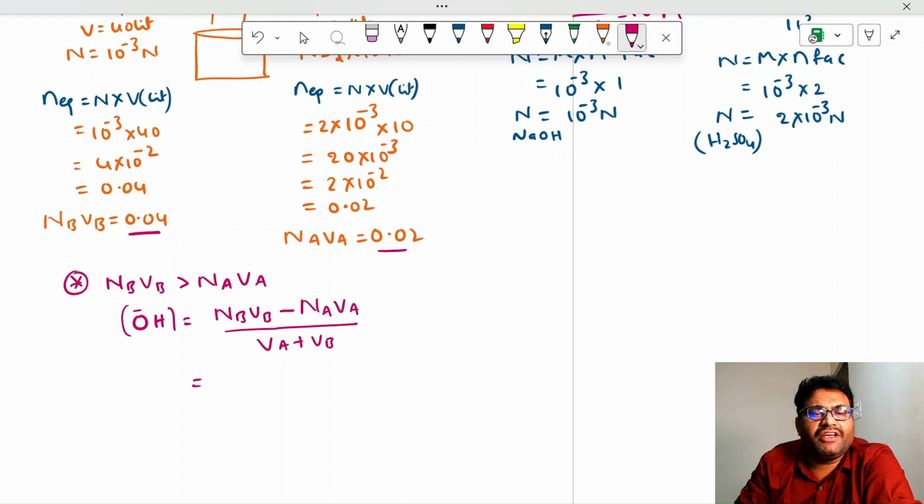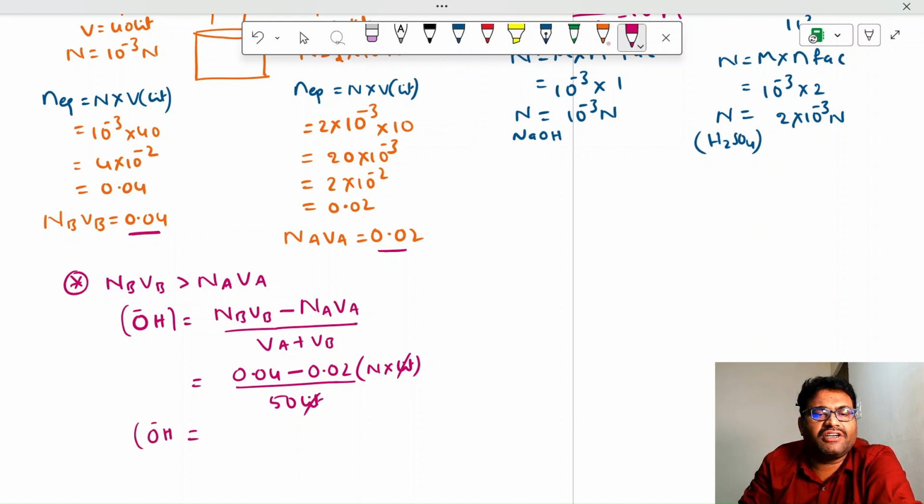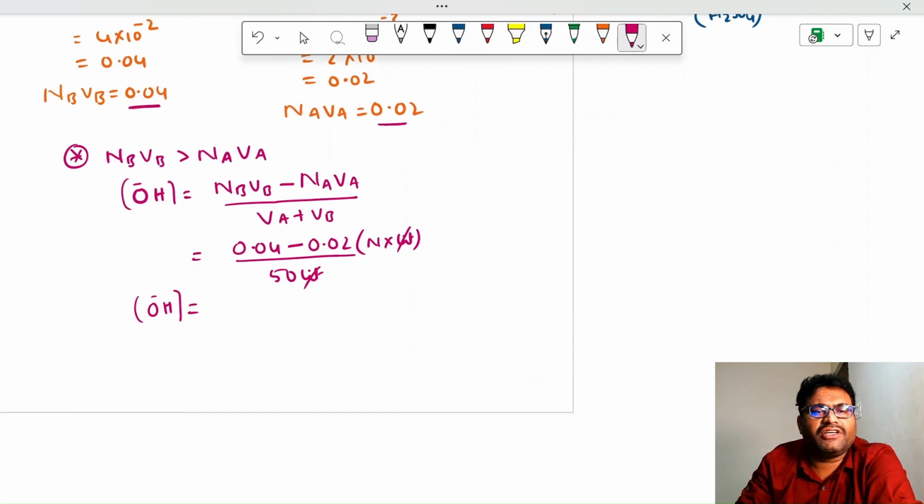So NBVB is 0.04 minus NAVA is 0.02, by volume. 40 liters of base and 10 liters of acid are added, so it becomes 50 liters. Normality into liter, liter gets cancelled. Then OH minus ion concentration is equal to 0.02 by 50.